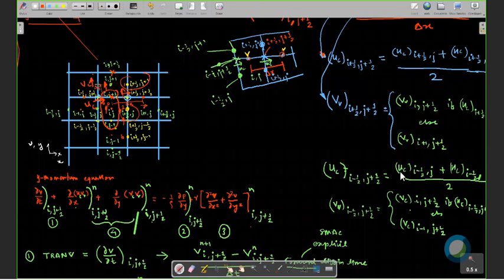We have to take this. So these numbers are not proper. This is i minus 1, j plus half. So we have to take this one, i minus 1, j plus half, first. So you have to reverse this.